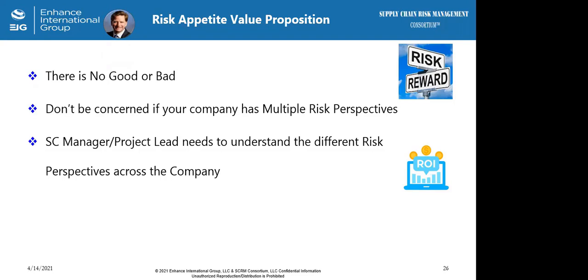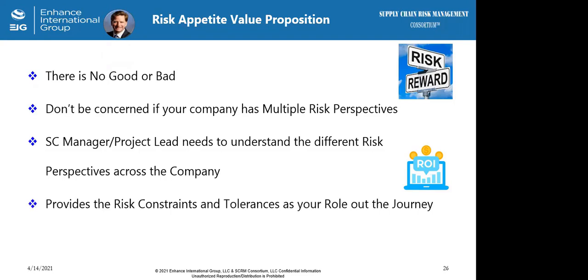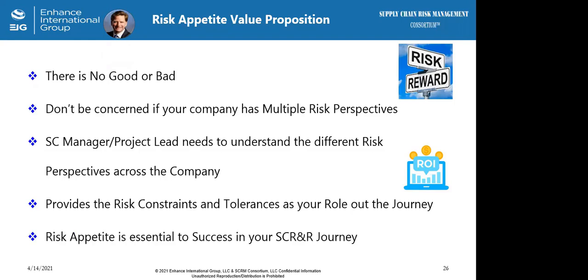In that role as project lead, you want to provide those risk constraints and tolerances as you roll out the journey of supply chain risk and resiliency. And therefore, risk appetite is essential to the success in your supply chain risk and resiliency journey.